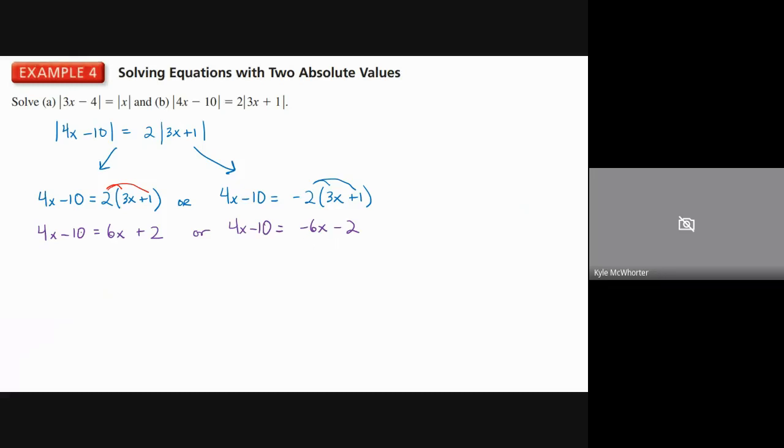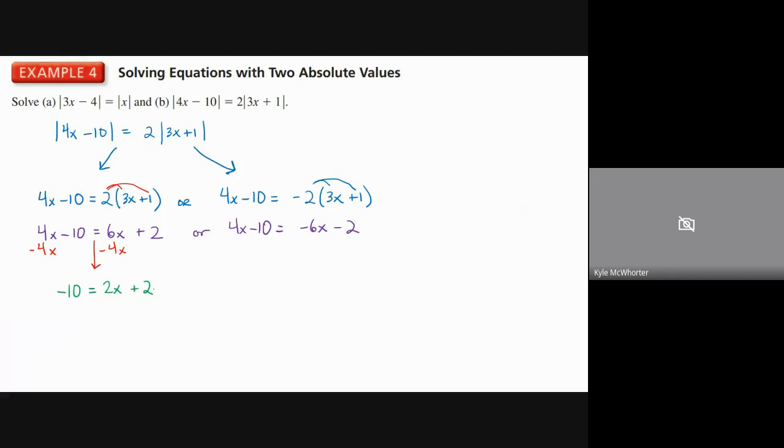On the first equation, I have positive 6x on the right side, 4x on the left side. I'm going to subtract 4x from both sides of the equal sign, because that'll leave these will go away and I'll have positive 2x left over on this side. So then I would have negative 10 equals 6x minus 4x is 2x plus 2.